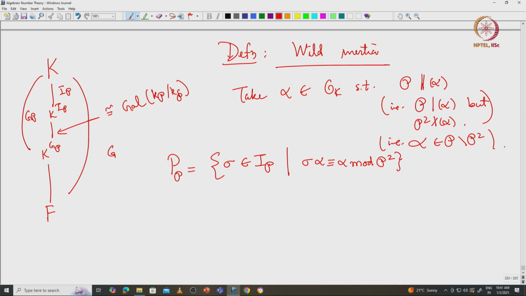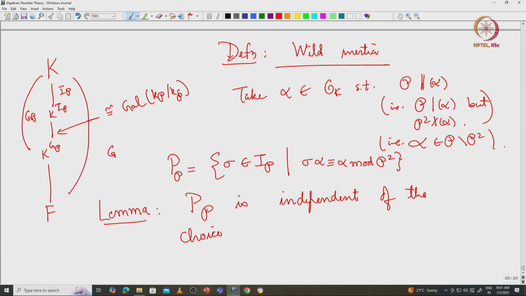Now, the first thing we need to show is that this P sub p, the definition seems to depend on the choice of alpha. So here is a lemma: P sub p is independent of the choice of alpha.